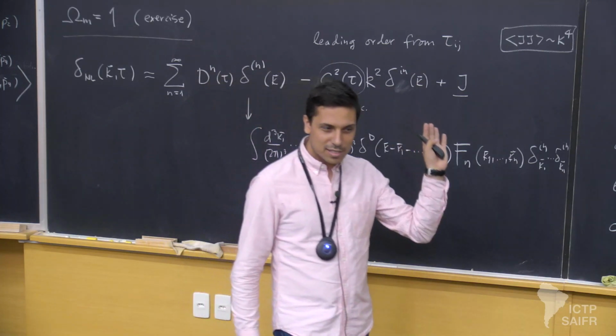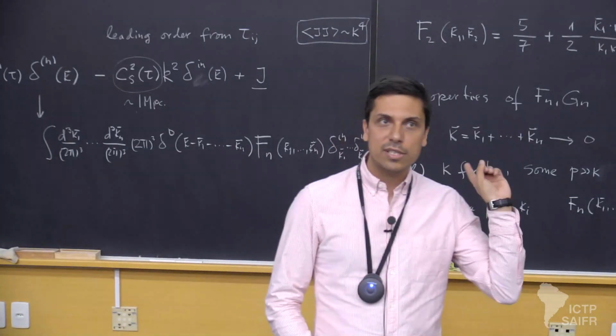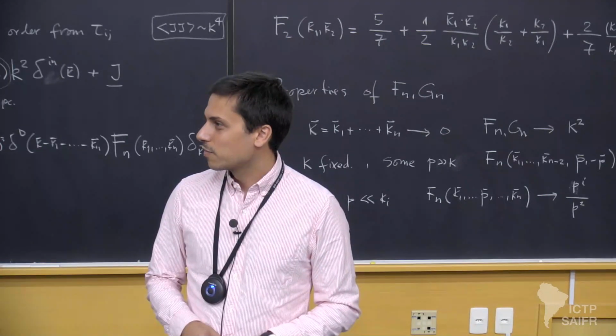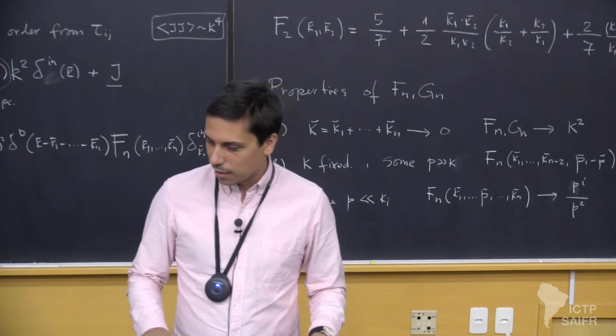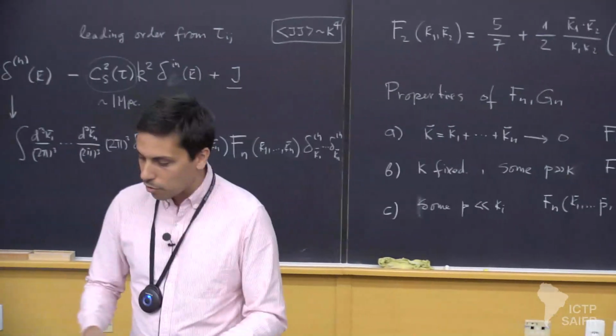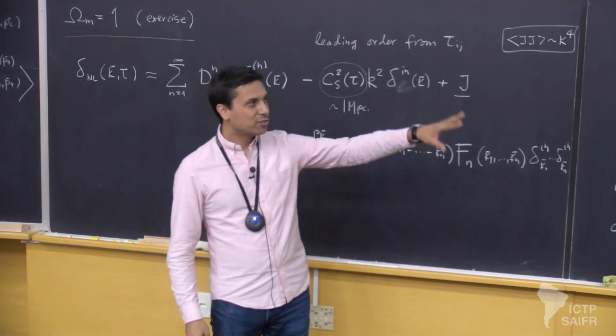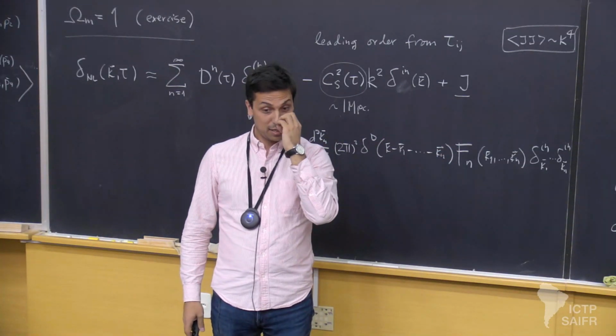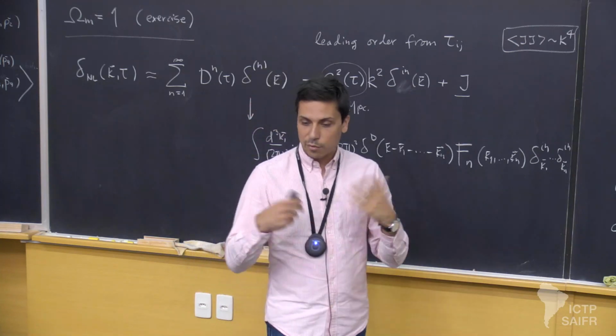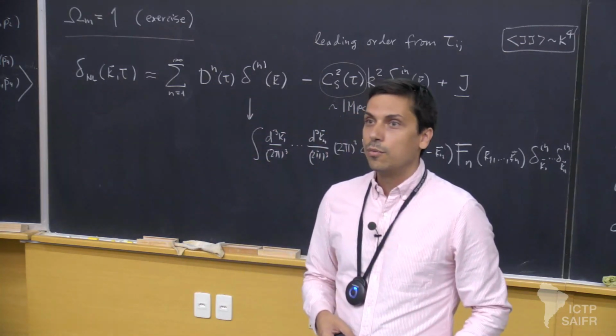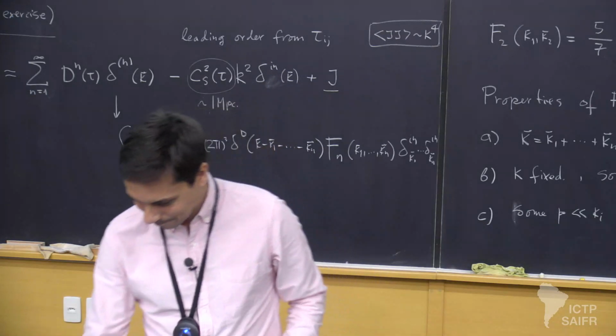And I may say some more words about this method on Friday, because I think it's very, very interesting. But for the time being, let's stop here, and tomorrow we'll discuss a bit more about the structure of these expressions, how these counter terms cure these issues that we discussed, and then we will move on to studying the BAO wiggles. Okay, thanks.